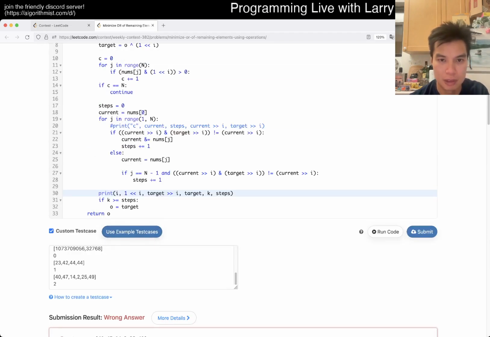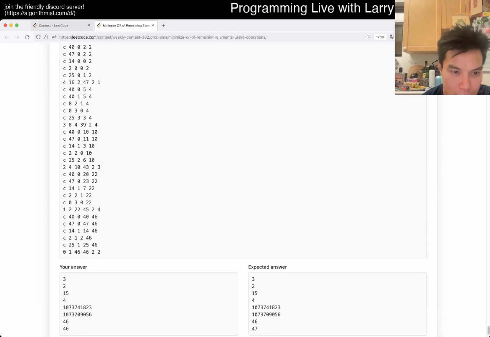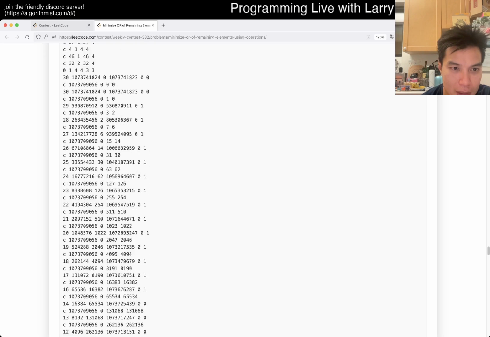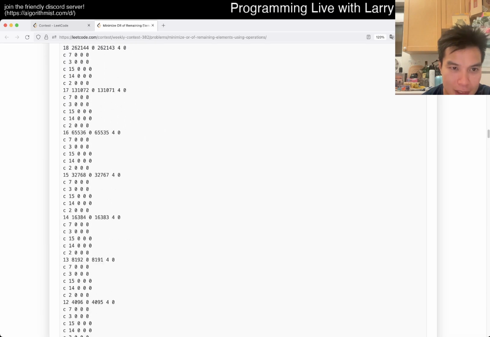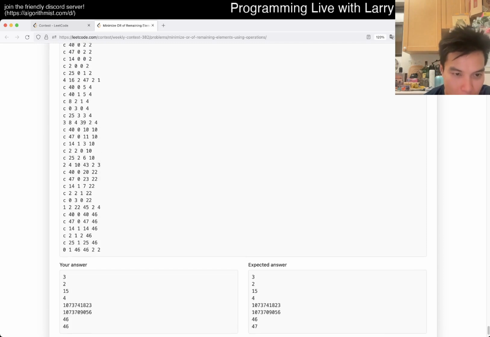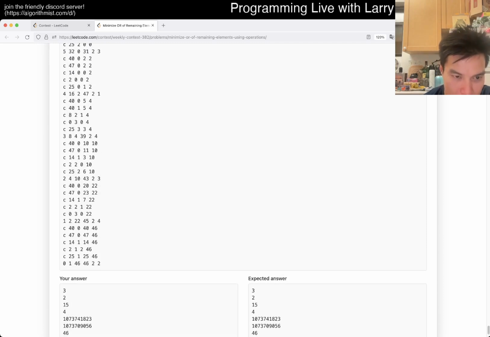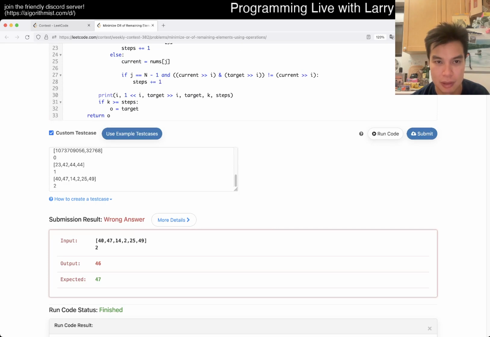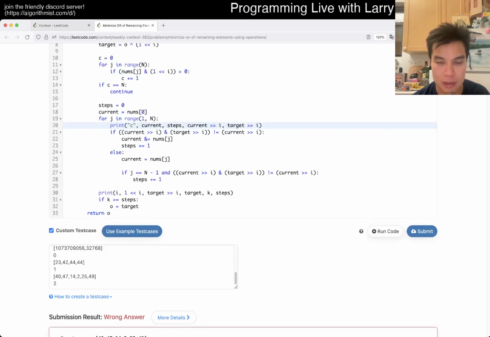Alright, let's take a look. I don't know why this isn't split screen. Okay, okay, let's take a look. We just don't care about the single digits, I guess. Is this the stuff? I don't even remember what I'm printing anymore. Is this one? Oh, this is the target.